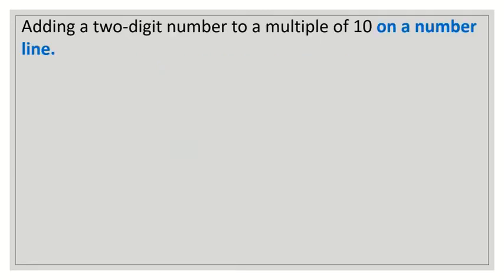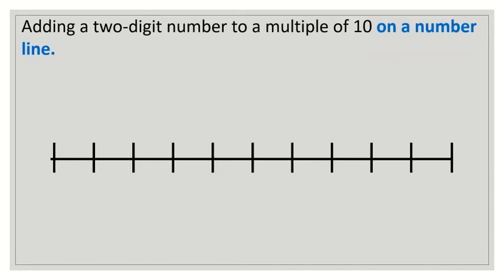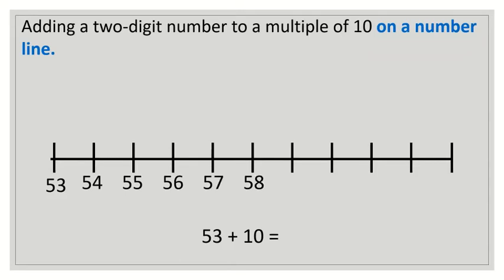Let's see how we can add a two-digit number to a multiple of 10 on a number line. Here I have a number line. I'm going to write numbers on it starting from 53 because we will be adding 10 more numbers to this number 53. 54, 55, 56, 57, 58, 59, 60, 61, 62, 63.